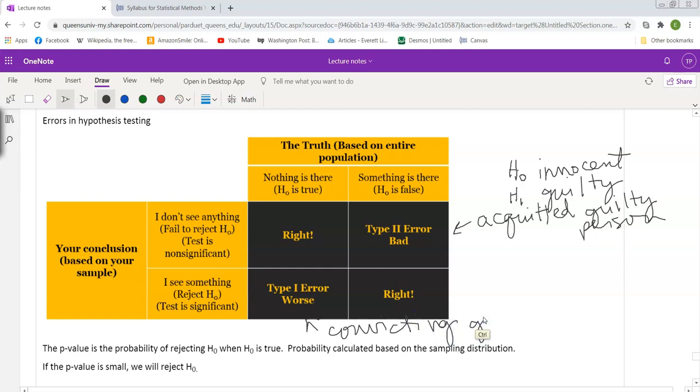Oh, I'm sorry, an innocent person. And that's worse. So this one is a type 1 error. This one's a type 2 error. But we designed this whole system to minimize the likelihood of this type 1 error. Okay?